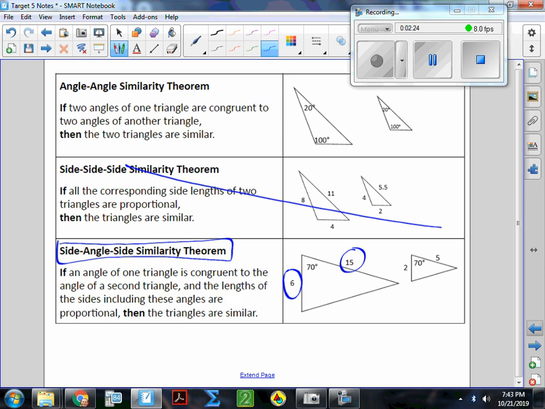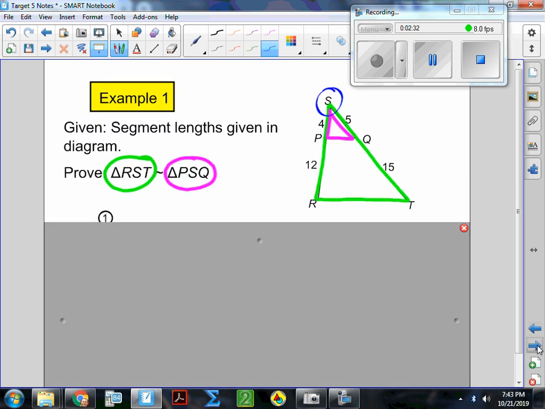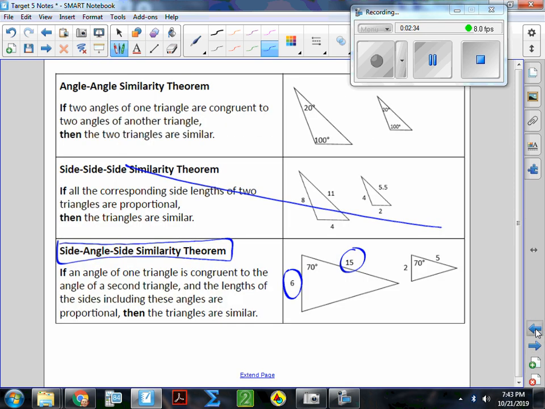The theorem says if an angle of one triangle is congruent to the angle of a second triangle, so in this case 70 and 70, or in ours, angle S and angle S, and the lengths of the sides including the angles are proportional, then the triangles are similar. So I need to show that, like in this diagram, the 6 and the 2 have the same ratio as the 15 and the 5.